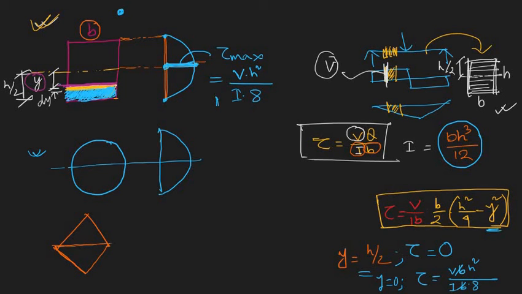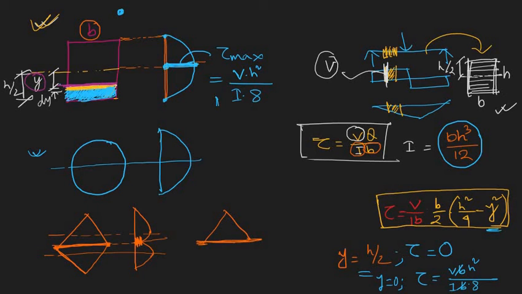Here you can see the distribution is just like a triangle, maximum at this point, but it is not 0 here, because in the case of a triangle this point is a free surface, so that is why the stress was 0. But here it is not a free surface, that is why there is some shear stress.